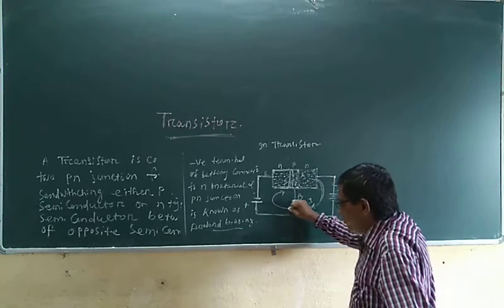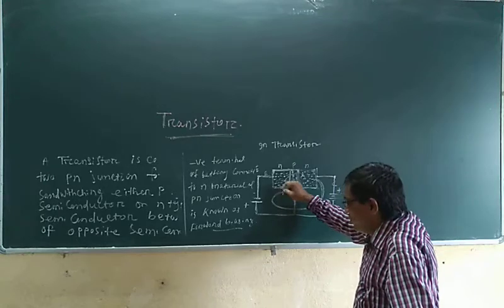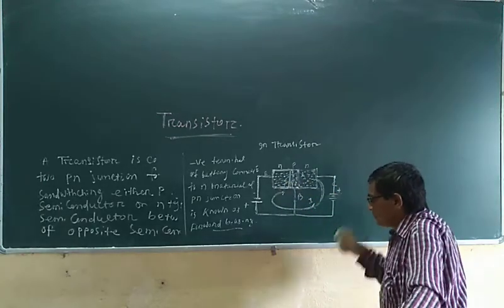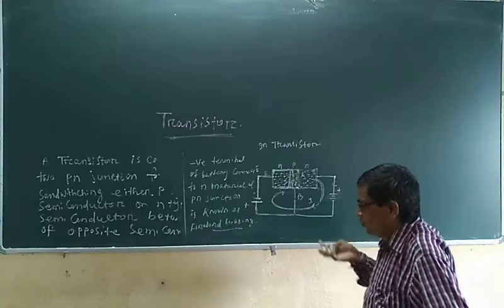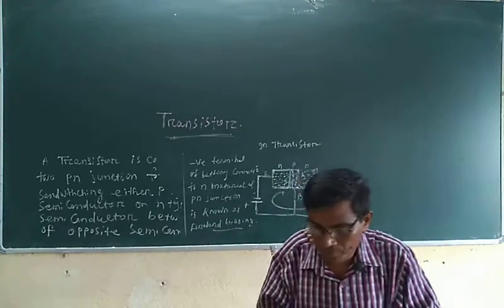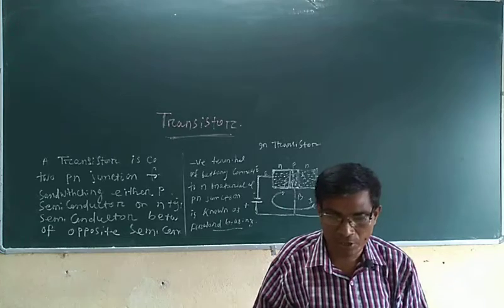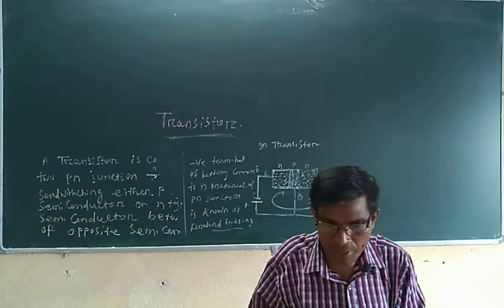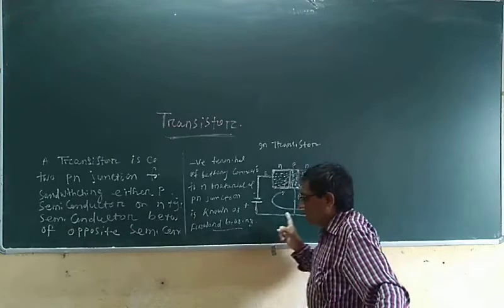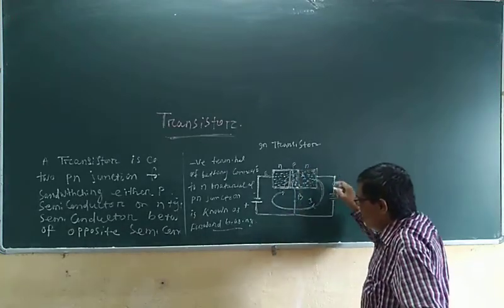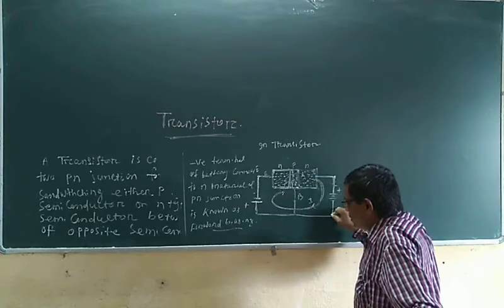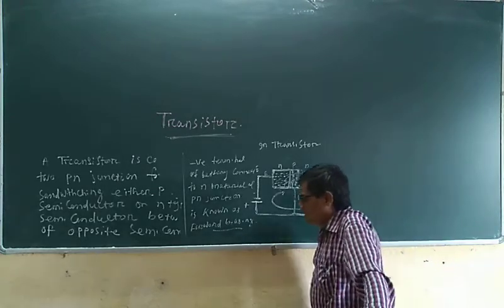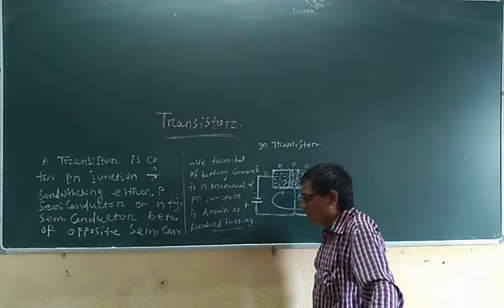In this attraction the electrons flow across the transistor. We remember that the emitter base junction is always forward biased and the base collector junction is always reverse biased. In this way the transistor acts as an amplifier.